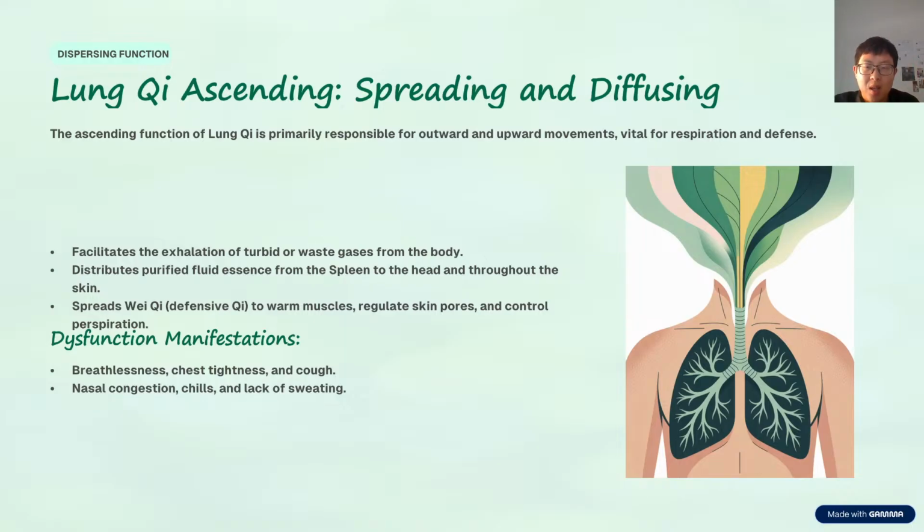Second, it distributes fluid and nutrition to the skin, to the head, to the body surface. Some people will be confused: I just know the lung is connected with the breath, so how can the lung transport nutrition and fluid to the skin and the head?